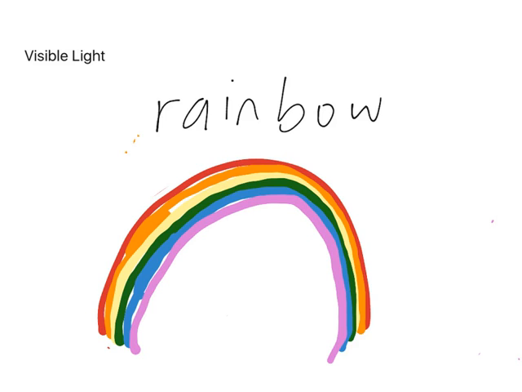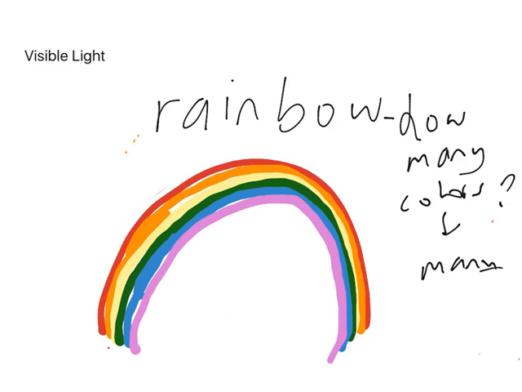Here's a rainbow. How many different colors are there in a rainbow? Well, some people think 7, but really there are many colors. There are so many colors, we can say there are infinite number of colors. Why?